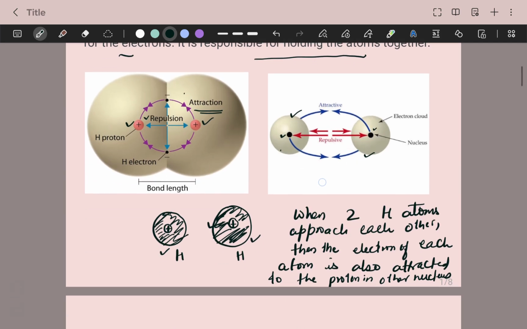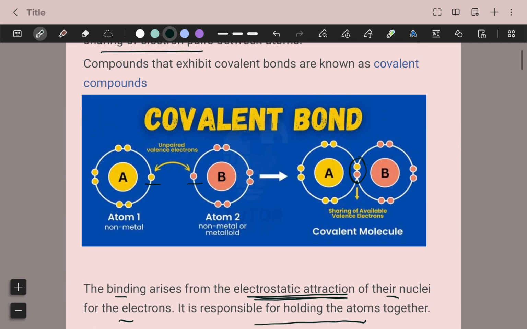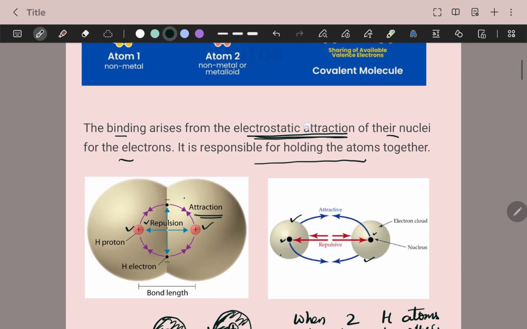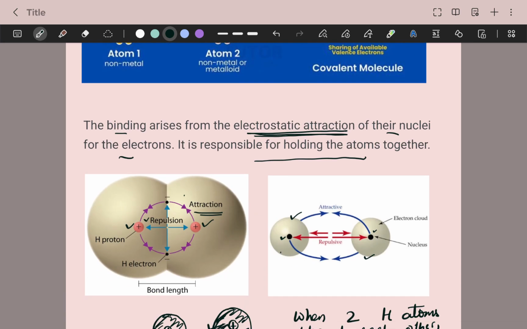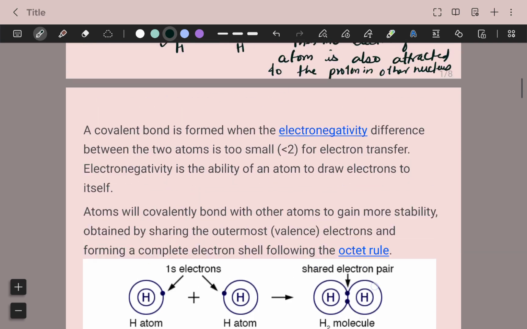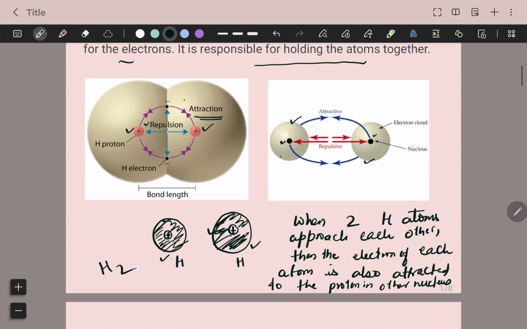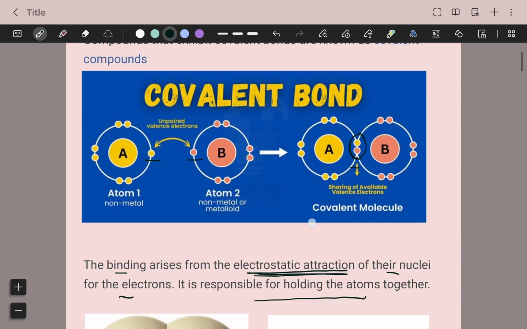And because of these attractions, the electron becomes shared in a covalent bond, forming a covalent molecule. Here, this was the hydrogen molecule. When they come close to each other, the clouds come very close and a hydrogen molecule, a covalent molecule, is formed.